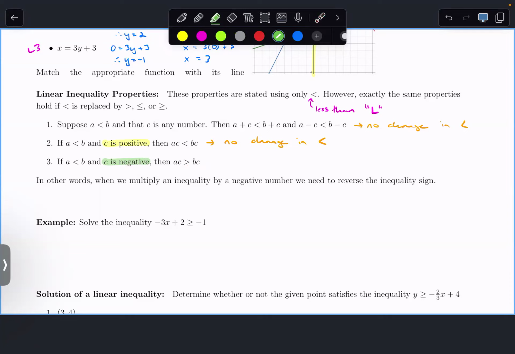And so here we switch less than to greater than.